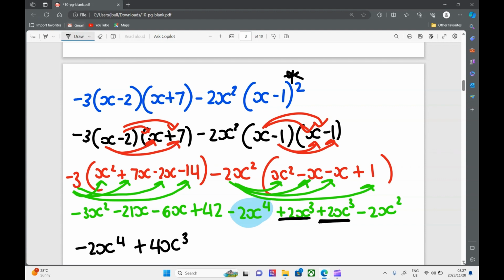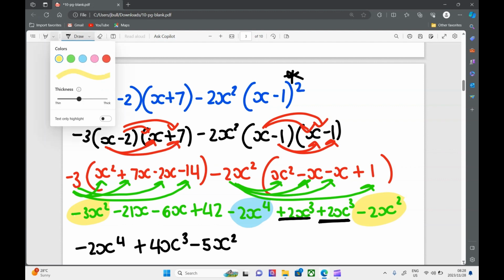Next up, let's have a look at our x squared. So I've got minus 3x squared and minus 2x squared. So minus 3 minus 2 means I'm going to end up with minus 5x squared. Next, we can just do the x's.